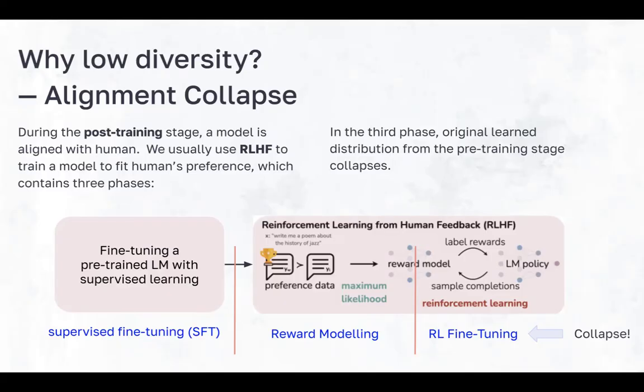Then we use this policy model. We give it some prompts, and for every prompt we may have several responses. We invite some people to evaluate these answers to get some scores. Then we build prompt, response, and score pairs. We use these pairs to train a reward model.